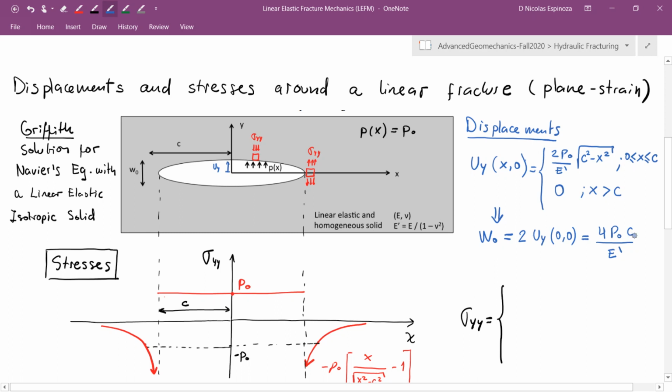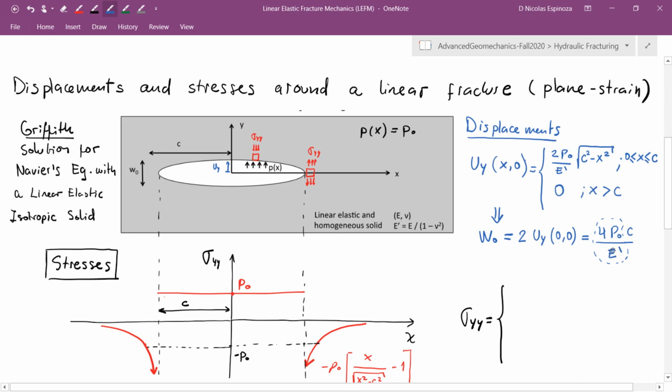And if we were to bring this c over here, then everything we would be left with would be this part of the equation. Notice that typical net pressures are in the order of a few megapascals, and a typical plane strain modulus is in the order of a few gigapascals.